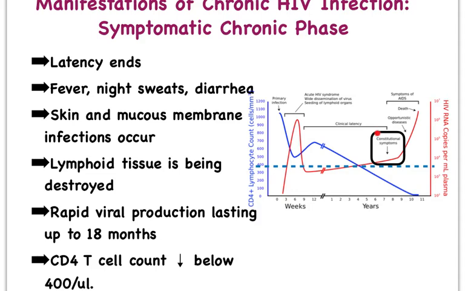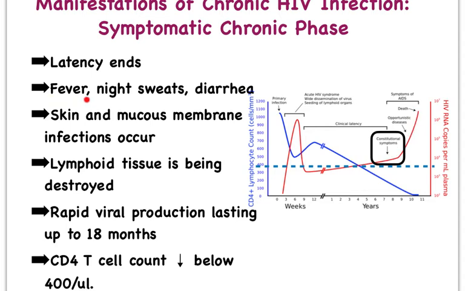We finally start to hit those AIDS symptoms, and we're now in that chronic HIV infection where we do see symptoms. So this is towards the end of the clinical latency as we move into the actual symptomatic phase.